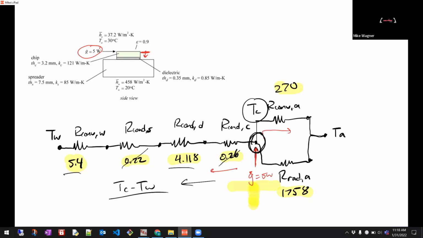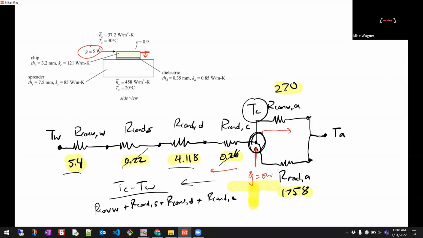The total resistance to the left is all these things in series: R convection,W plus R conduction,S plus R conduction,D plus R conduction,C. That's the heat going to the left.